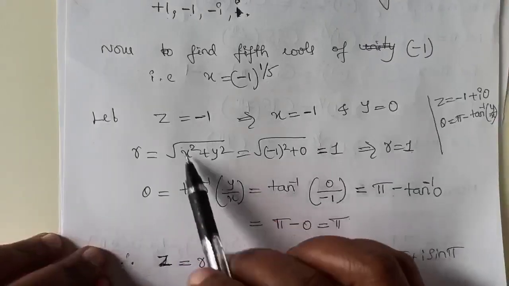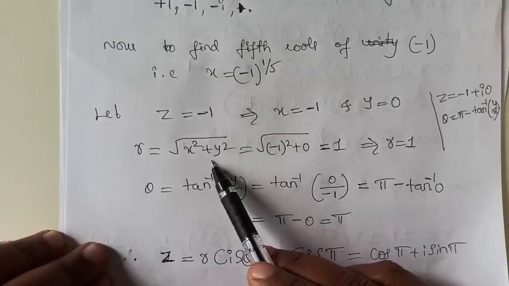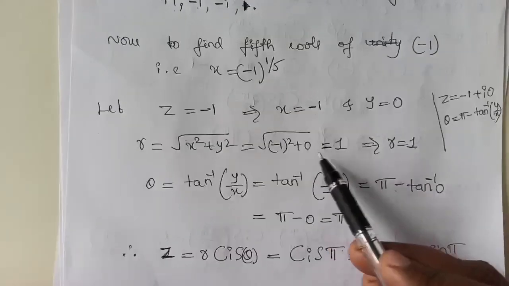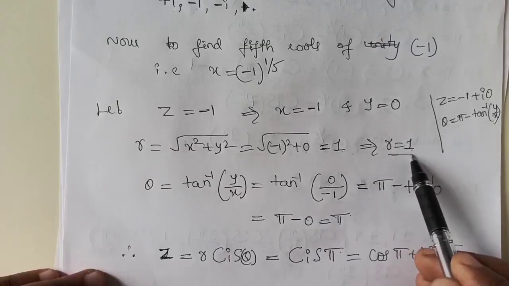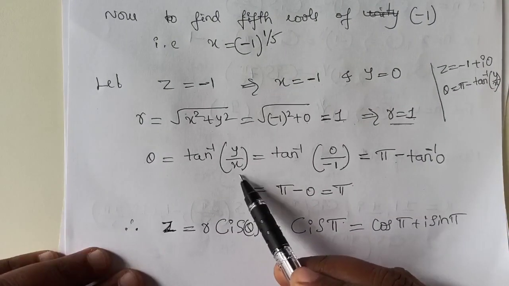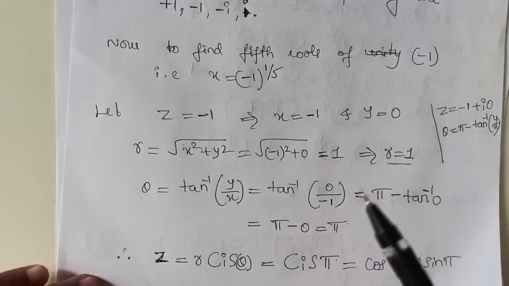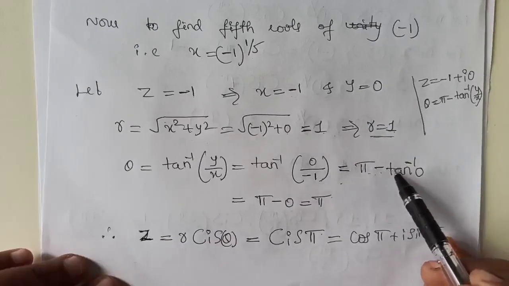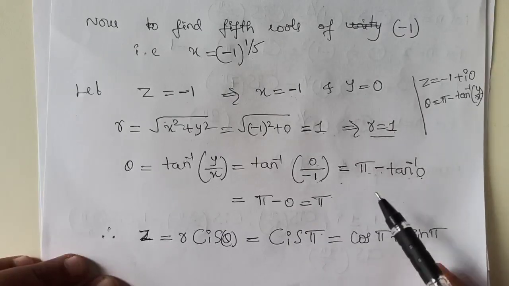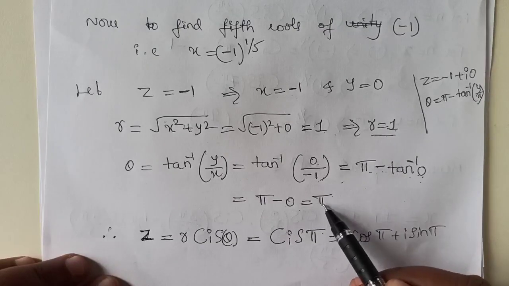First we calculate the modulus r = square root of x^2 + y^2 = square root of (-1)^2 + 0 = square root of 1 = 1. Theta is tan inverse of y by x, but since it lies in the third quadrant, it is taken as pi minus tan inverse of y by x. The y by x value is 0 by -1 = 0. Therefore pi minus tan inverse of 0 is pi minus 0, which equals pi.